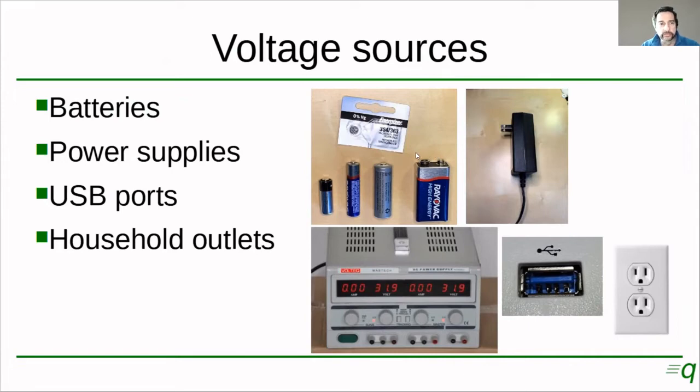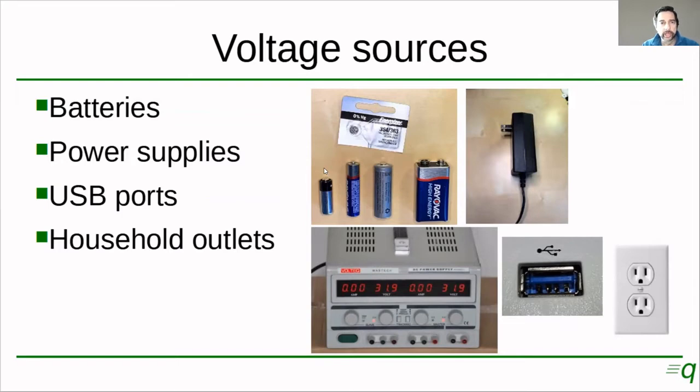This is a 9-volt battery, as its name says. It supplies 9 volts, and this is a watch battery. These range usually between 1.5 and 3, depending on the model. This is a smaller battery for our remote control for a garage opener, and this is a little 12-volt battery.